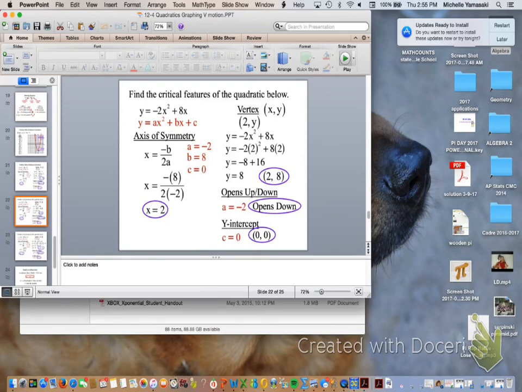So what is that? Negative what? Negative negative 4 over 2. So it's 2. Right? Axis of symmetry is 2.